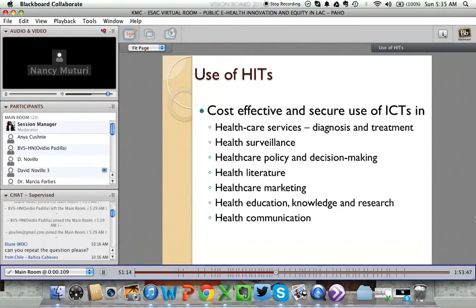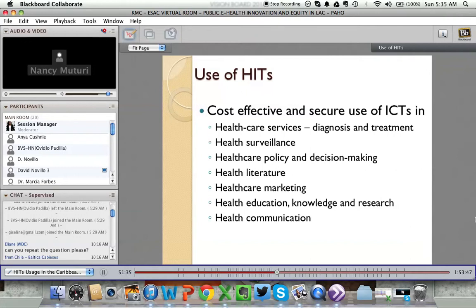So technology has played a major role and has actually been addressed in some of the healthcare policies and also IT policies. In terms of health literature, there's plenty of literature now that has come up in terms of using ICTs in health and healthcare.